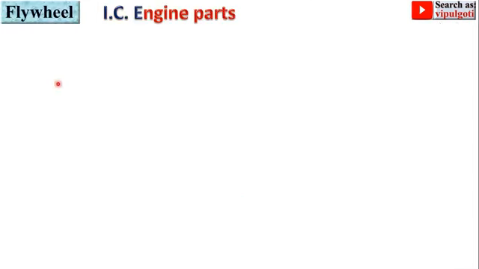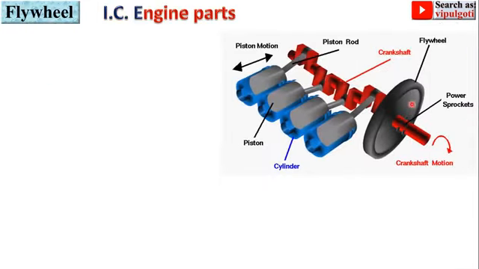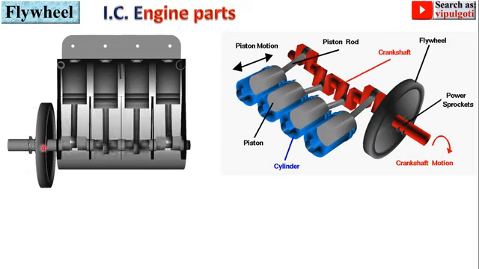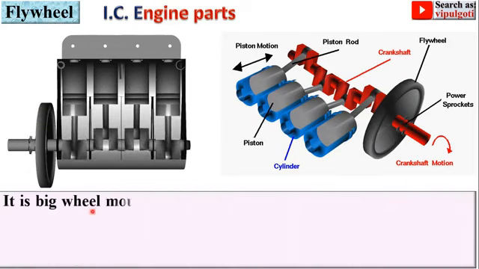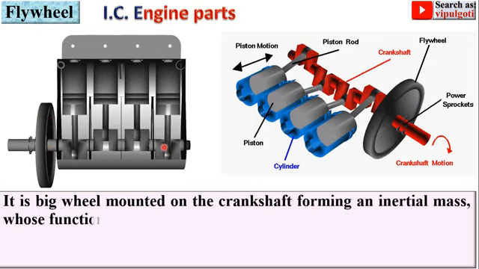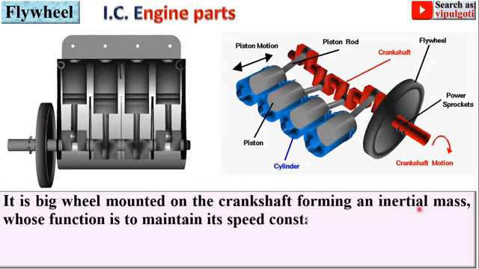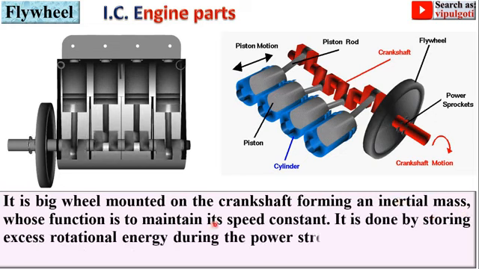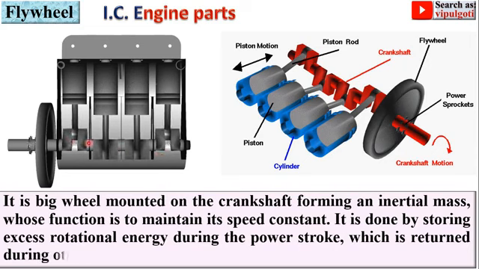Next, flywheel. So here you can see this is the flywheel, and this one is the animation of the IC engine, and here this one is the flywheel. It is a big wheel mounted on the crankshaft. This is the crankshaft, forming an inertial mass whose function is to maintain its speed constant.